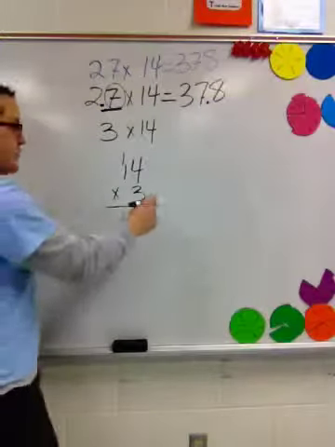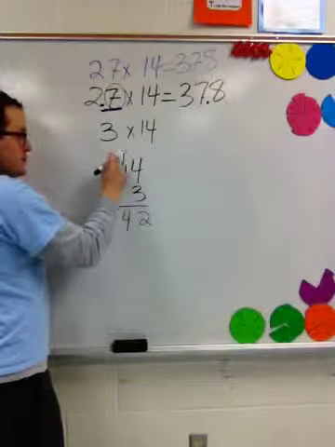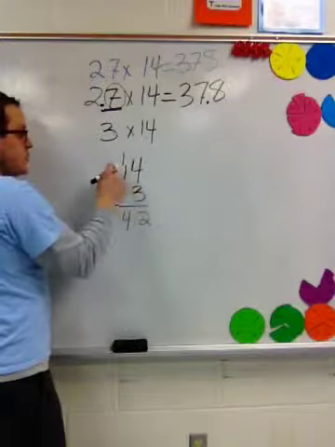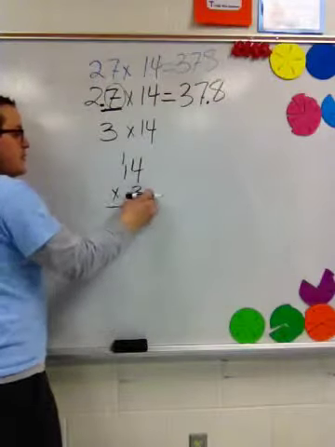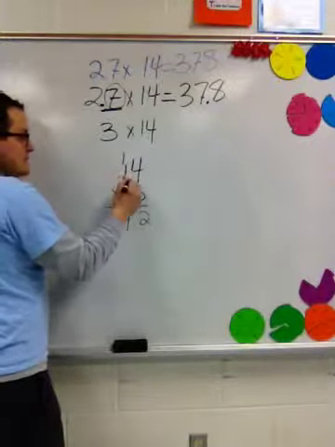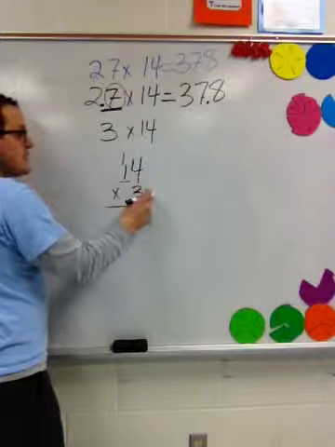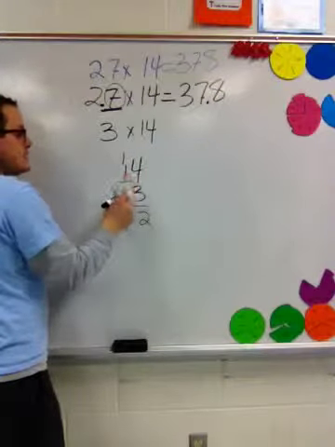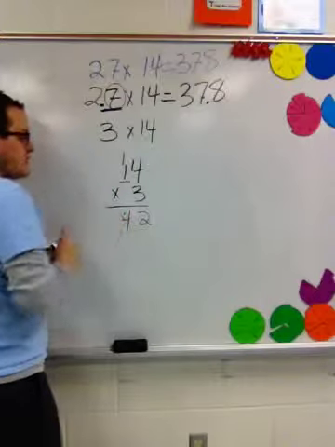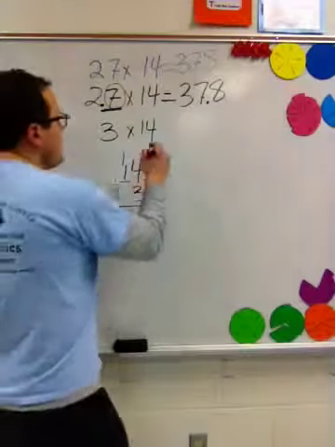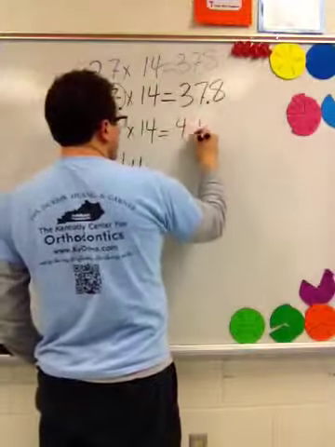Most people say 3 times 1 is 3, but we know that is 3 times 10 because that's a 1 in the 10's place. So we have an answer here of 42 by rounding it.